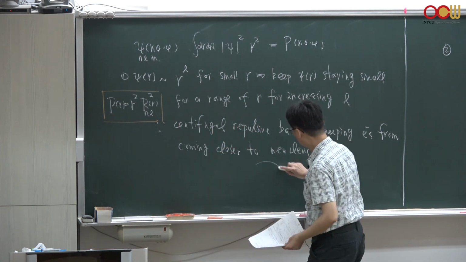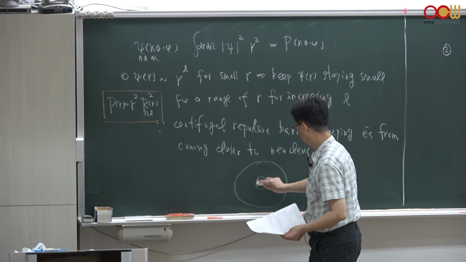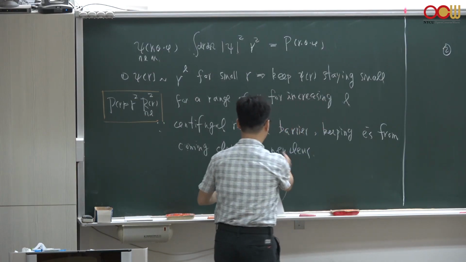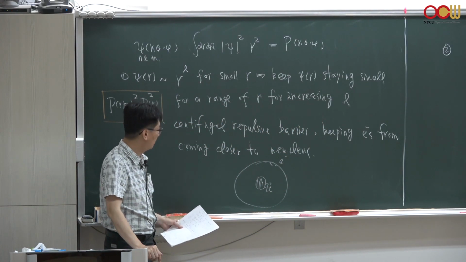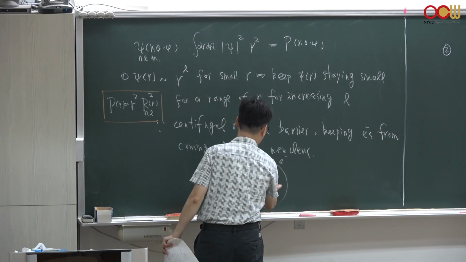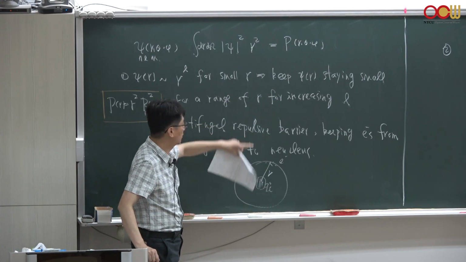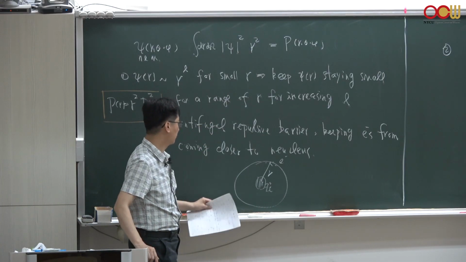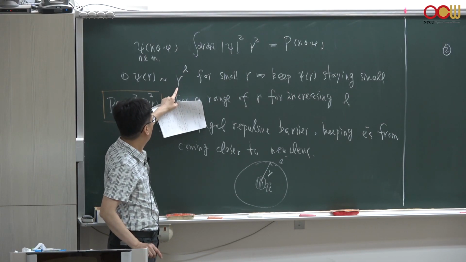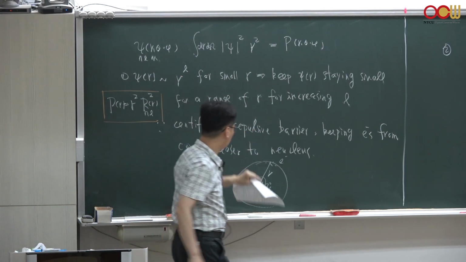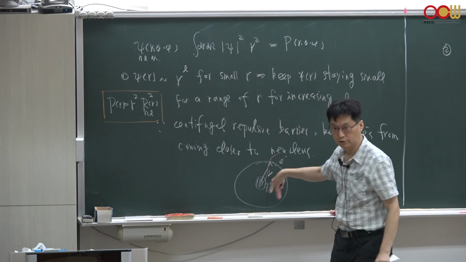If you look at the graphic representation of such a statement, this is your electron circling around the nuclear core with some radius r. But if L is very large, the radial part of the wave function depends on r to the power L for small r, which means you would never find this particle near the nuclear core.